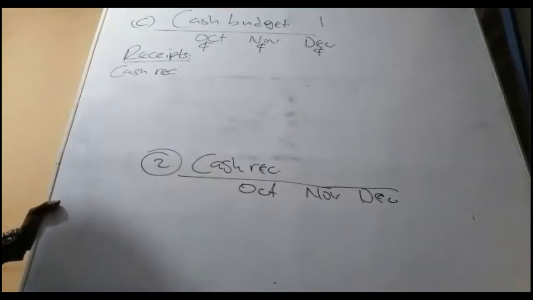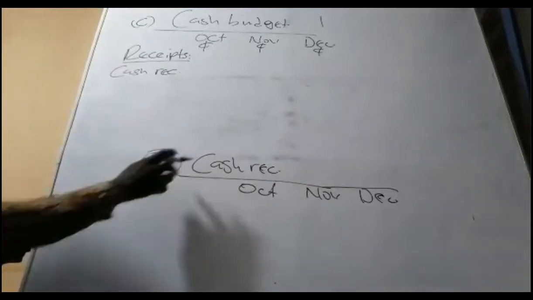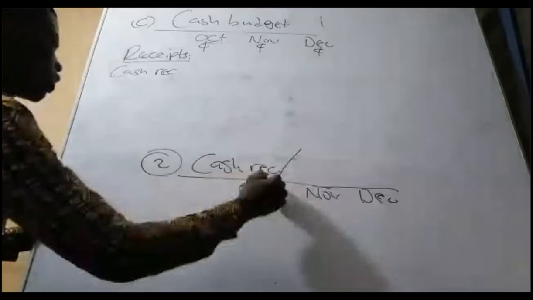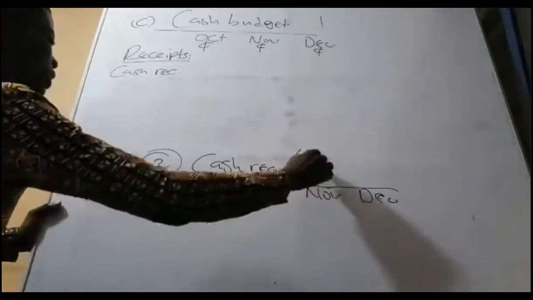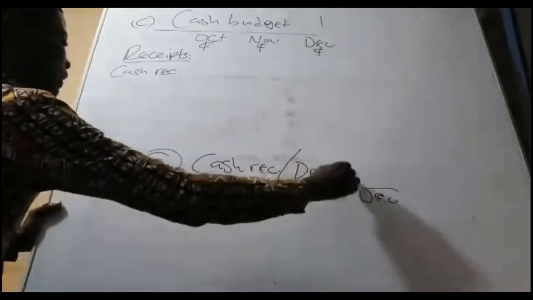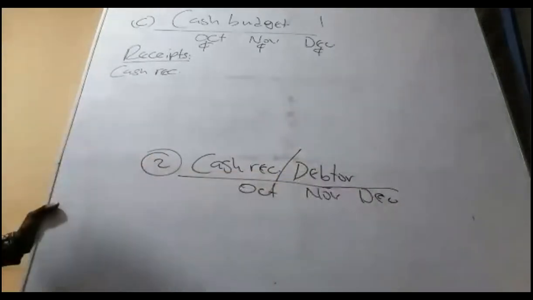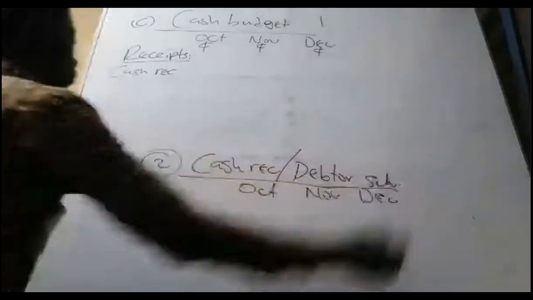I'll tell the examiner that for the cash received, I'm going to use the debtors collection period or debtors schedule.